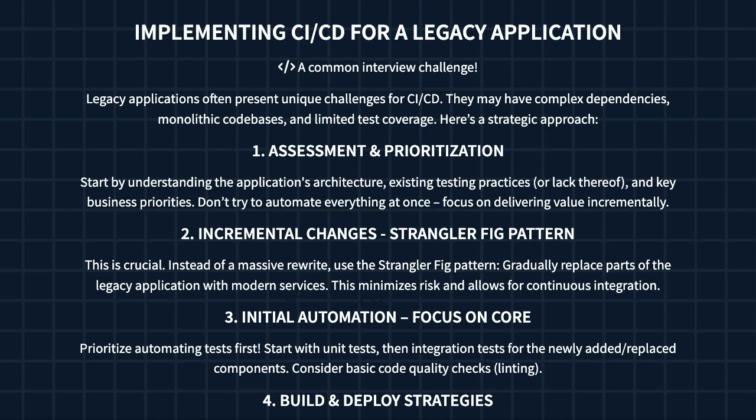Then think about using something like the Strangler fig pattern. Replace bits of the old system with new ones gradually. Don't try to rebuild everything at once. After that, focus on automating tests, starting with unit tests and working your way up. And finally, consider containerization or simpler deployment strategies depending on your needs.